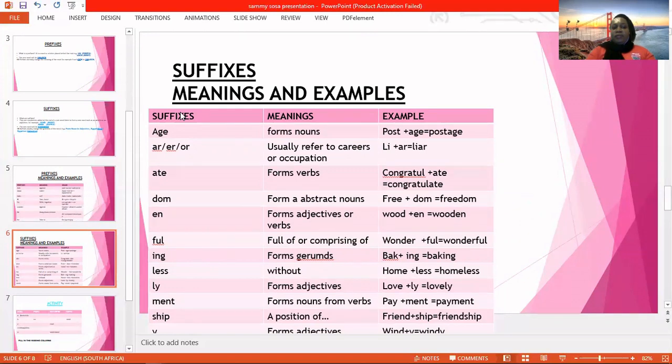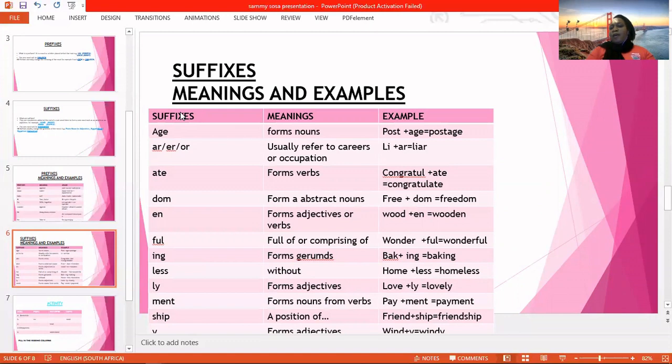Ing forms gerunds. Back plus ing will be backing. Run plus ing will be running. The next suffix, less. Less means without.